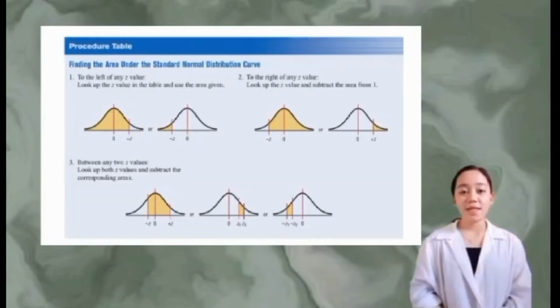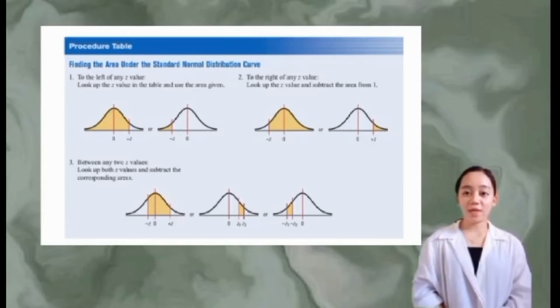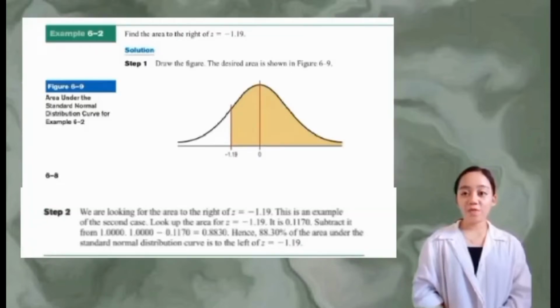Case 2. To the right of any z value, look up the z value and subtract the area from 1. For problem 2, we will find the area to the right of z equal to negative 1.19. So this is an example of the second case. The area for z equal to negative 1.19 in the z table is 0.1170, and we are going to subtract it from 1.